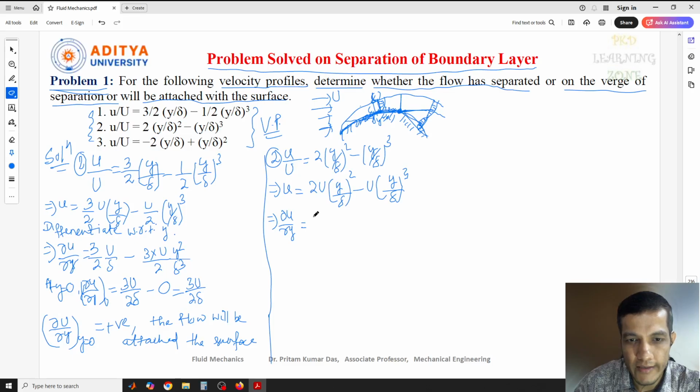So this one we will get 2 into y, and here this is delta square. Again we will get here capital U, and this is as usual like 3 y square divided by delta cube.